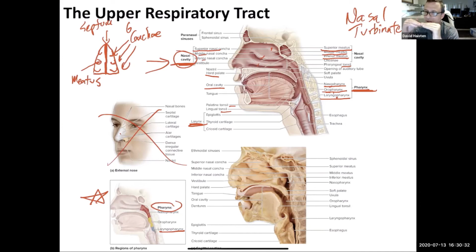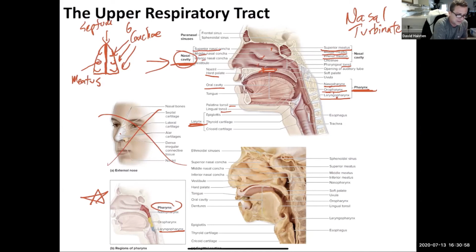Posterior to the palatine processes of the maxillary bones is none other than the palatine bones. I say palatine, some people say palatine. The horizontal plates of the palatine bones are posterior, like there. Right, so that's your hard palate.